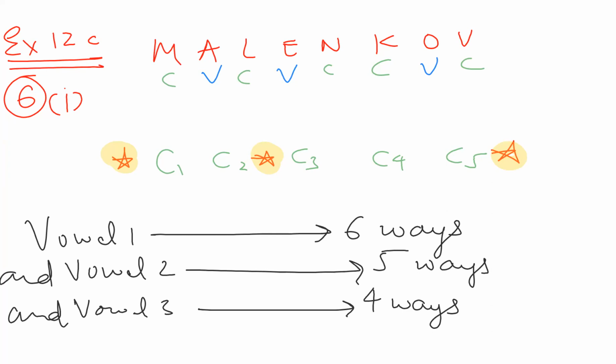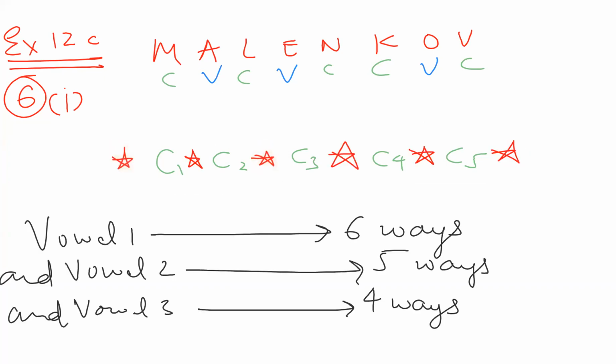Yes. Okay. So in that particular case, C1 and C2 consonants and C3, C4, C5 have to be together. And that doesn't contradict the question. Consonants can be together, but the vowels should not be together. Okay. Yes.